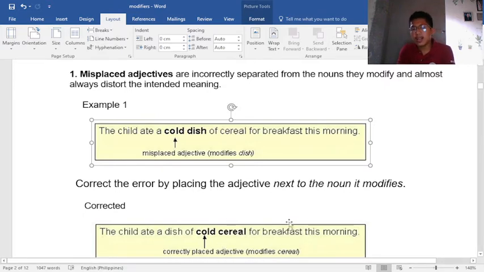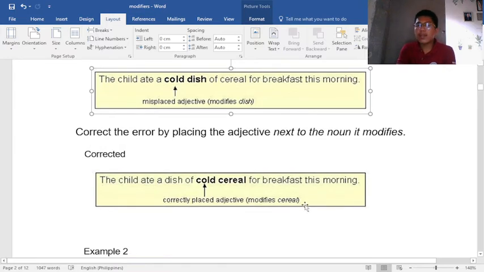So the cereal here is being described as a cold cereal that was being eaten by the child. So the child ate a dish of cold cereal for breakfast this morning. It is correctly placed adjective because it modifies the word or the subject cereal.